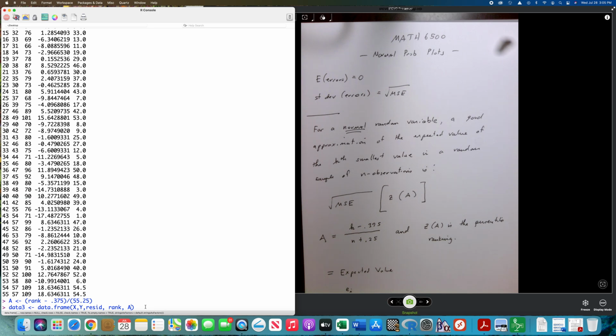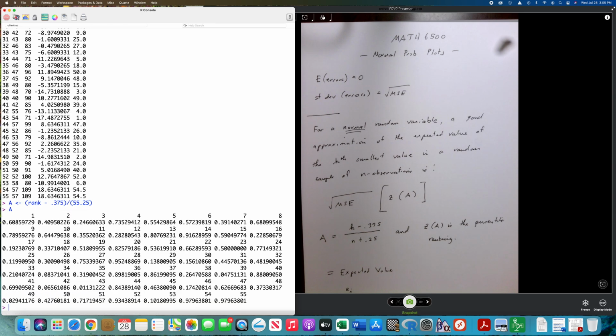No, I don't want my A's. Let's do something before I do that. So what are the A's here? The A's are this value here, but what we want is the Z of A, which is the percentile ranking.